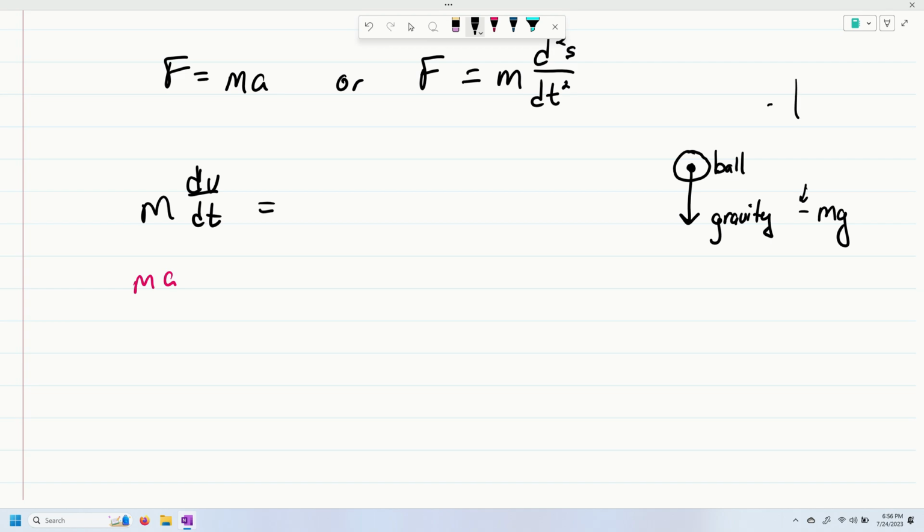We are establishing the positive y direction. But the other force, and this is the one in a traditional physics 1 course that you normally ignore, is air resistance. We are no longer going to ignore air resistance.